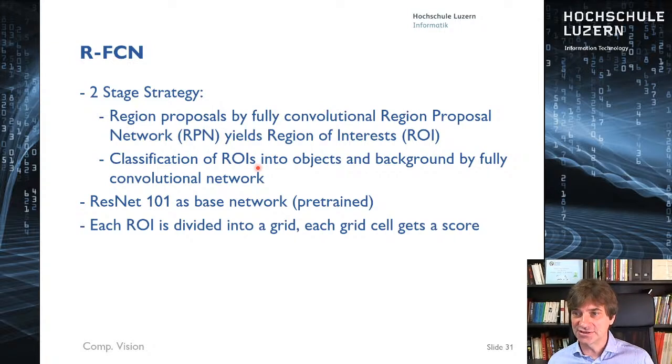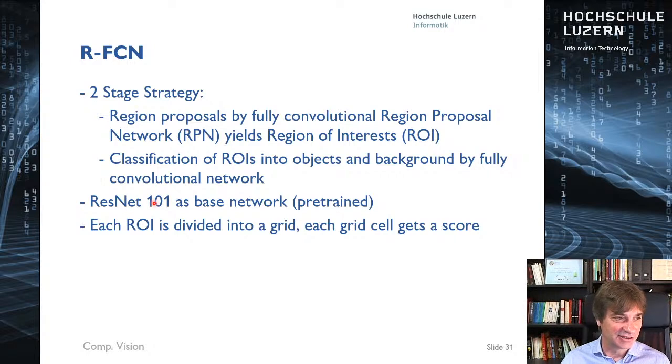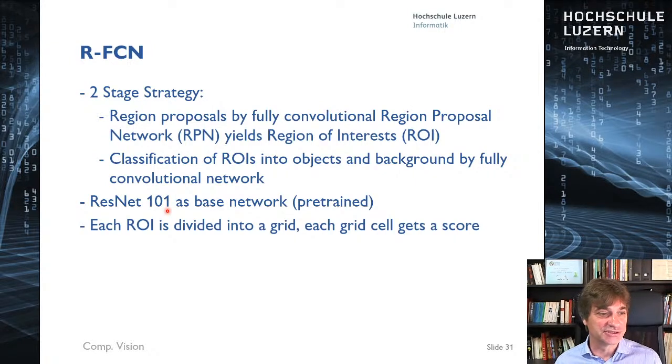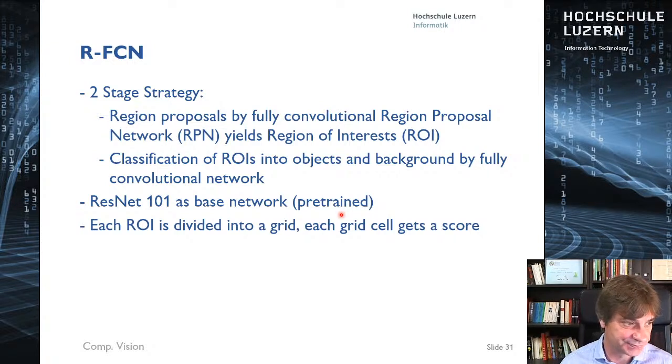They used a larger network here, the ResNet 101. As the name says, this has 101 layers, so it's quite a large network. And as with the approaches before, they use a pre-trained network on some large image dataset for classification, and then use this as the basis for the network, and then start optimizing this one.